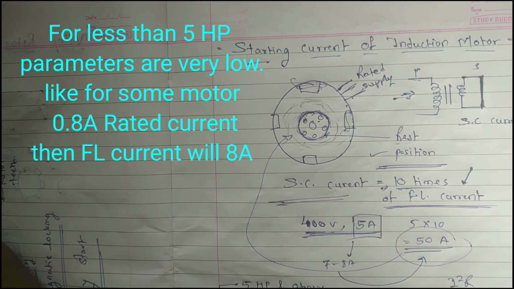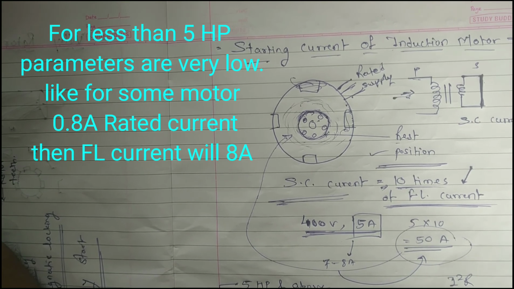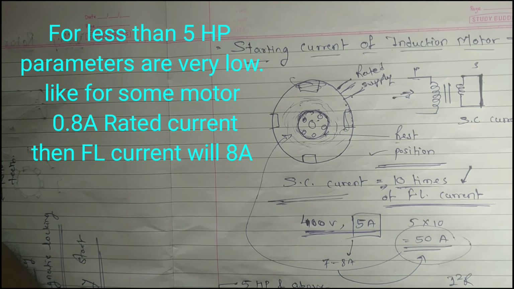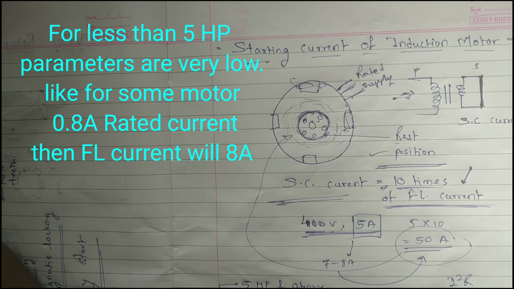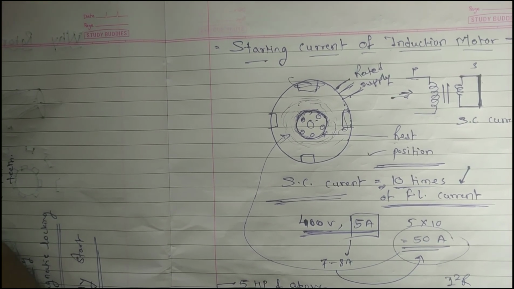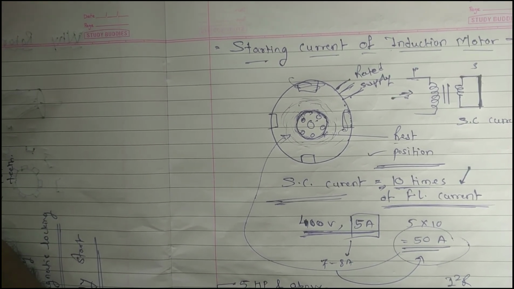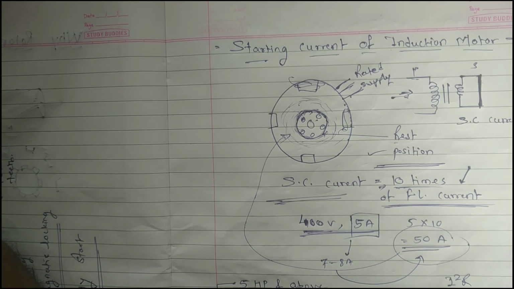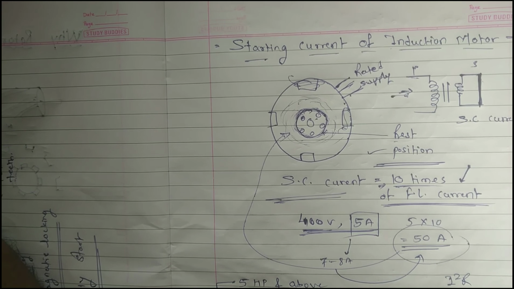Suppose 0.8 multiplied by 10, it becomes 8 ampere. Your copper conductor can handle this much current. That's why we don't need to put starters in the circuit for motors less than 5 HP. But for 5 HP and above, there is a necessity to use starters.